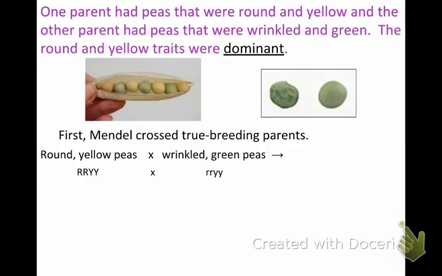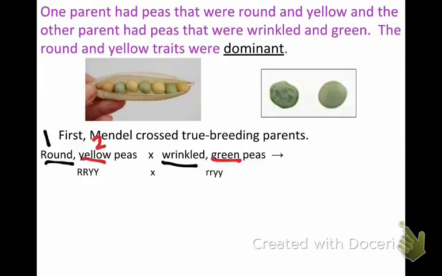So the two genes that we're looking at are round versus wrinkled as the first, and then the second is yellow versus green. That's our second trait. All right?